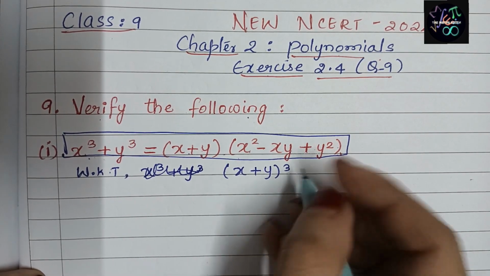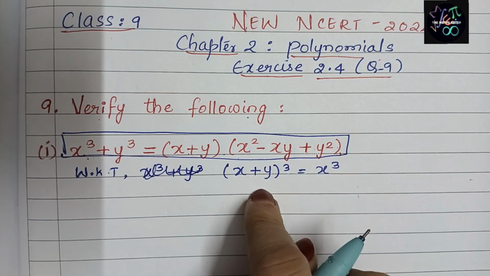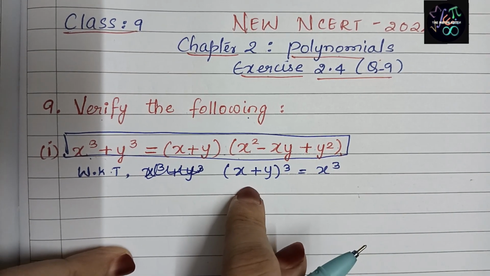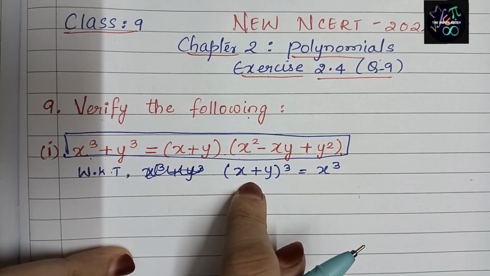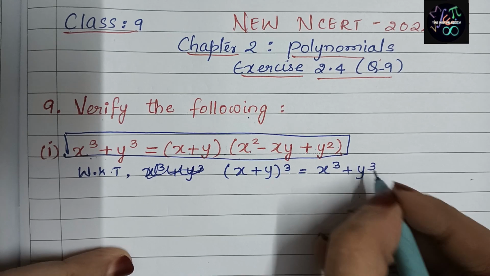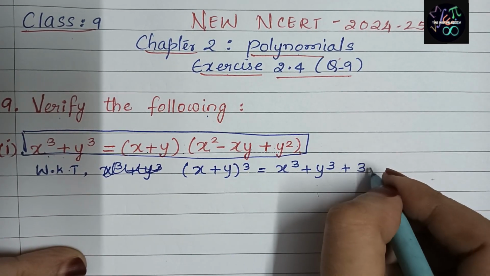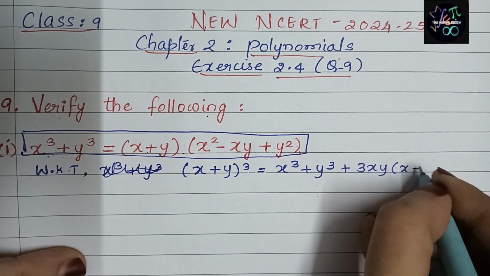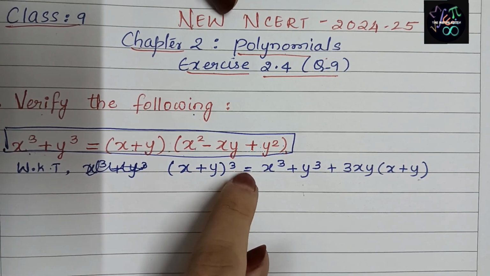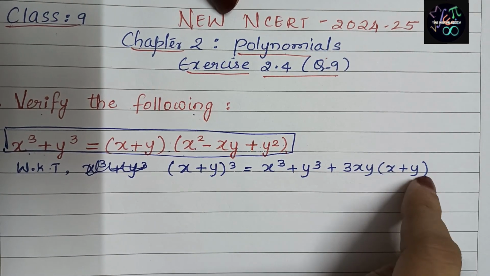In the previous problem we used the same formula, written in x terms, so I have written it in x terms. What is the formula? (x plus y) whole cube is equal to x cube plus y cube plus 3xy(x plus y).